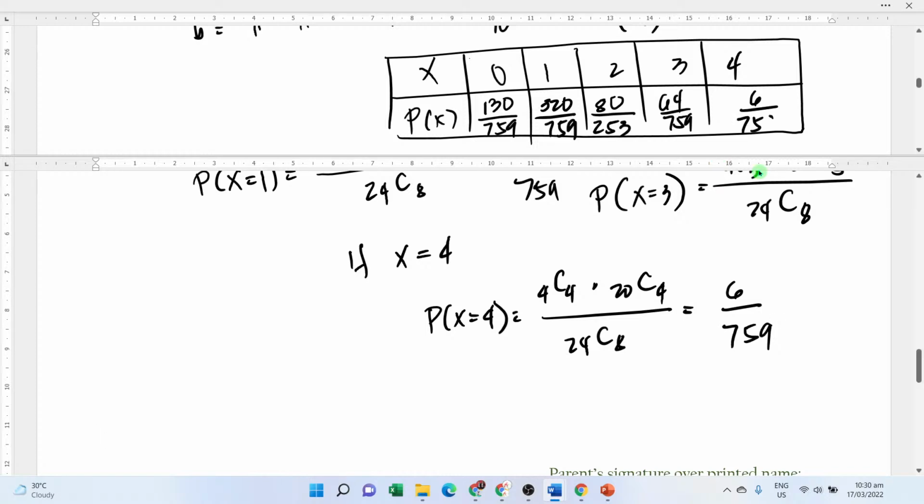Okay, for the purpose of checking again, let me add on my calculator the probabilities. 130 over 759 plus 320 over 759 plus 80 over 253 plus 64 over 759 plus 6 over 759. Okay? Wait lang, class.